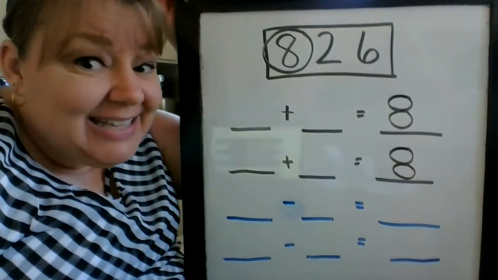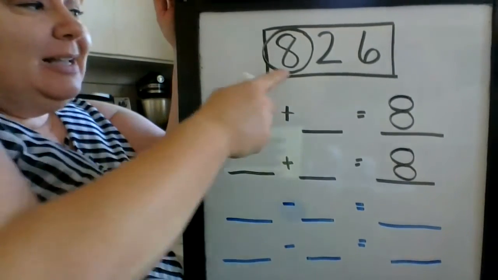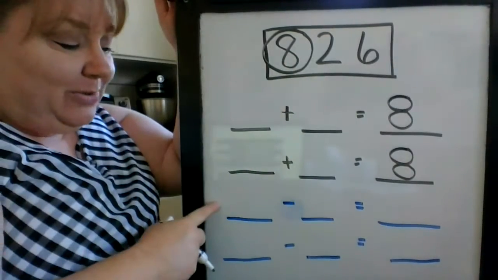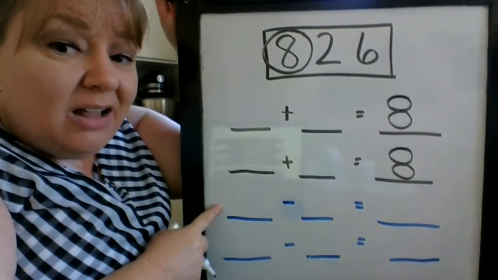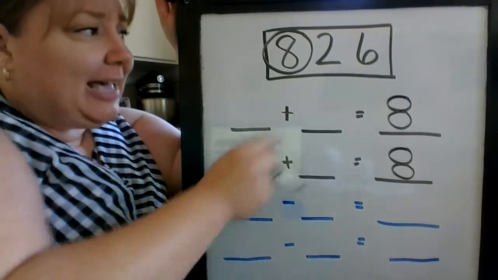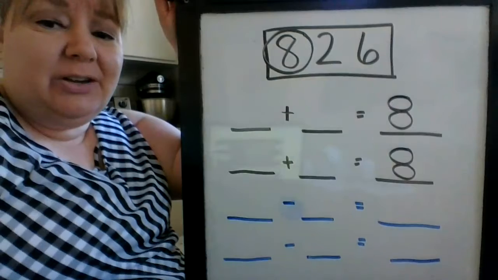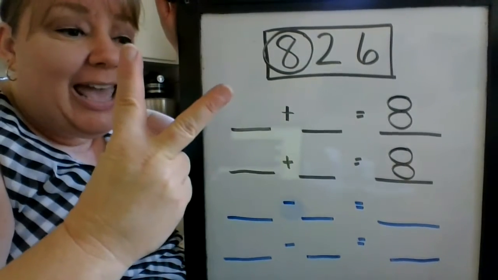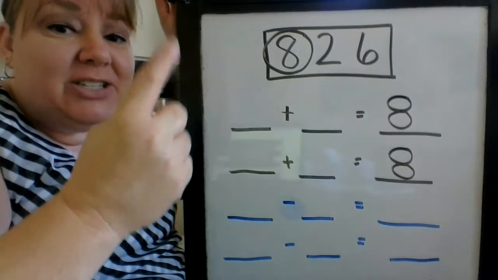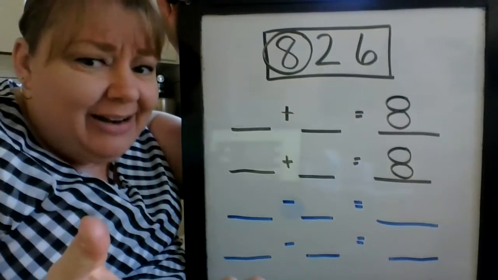Now, that's not the only one. Our whole enchilada is what we have to start all of our subtraction sentences with. I mean, think about it for a second. If I started with 2 and tried to take away 6, I don't have enough.